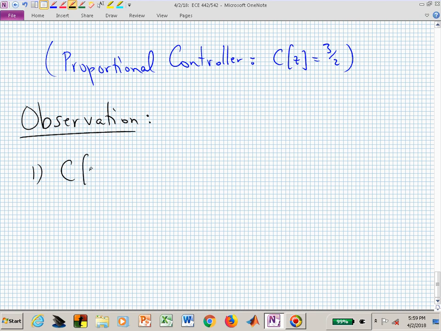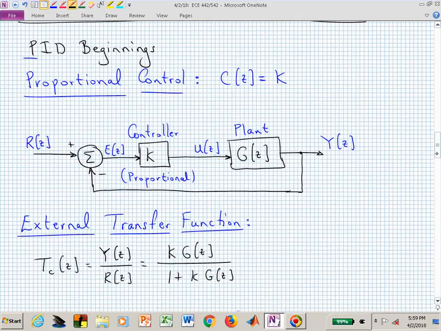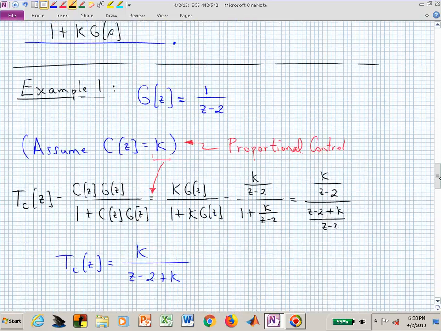1, the controller C of Z, did it cancel any poles or zeros? If we looked at the block diagram, did I sketch a block diagram right here? If you plug in 1 over Z minus 2 into G of Z, did that K cancel anything? No, we sure wouldn't want it to cancel the pole, would we? That would cost you 120 points on a 25-point problem. Not a good choice.